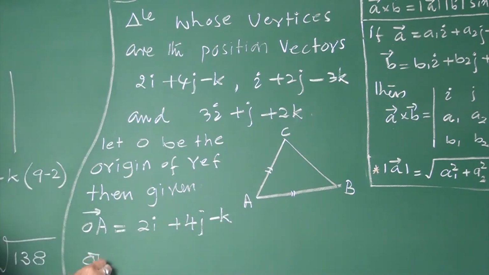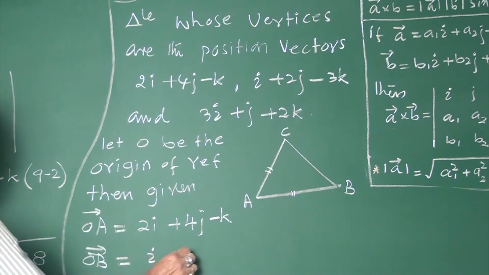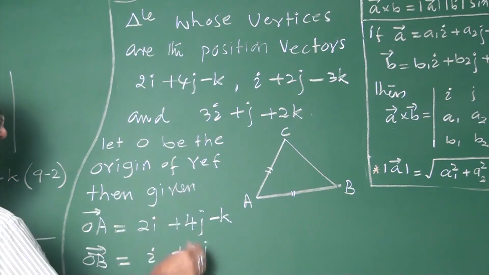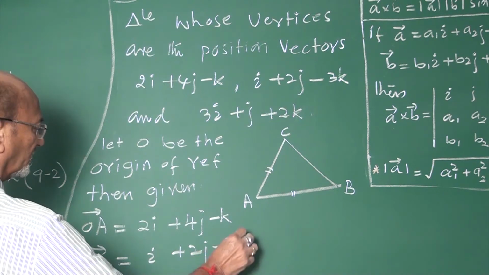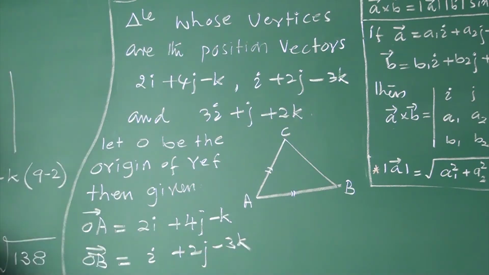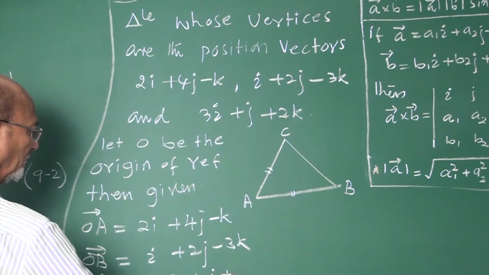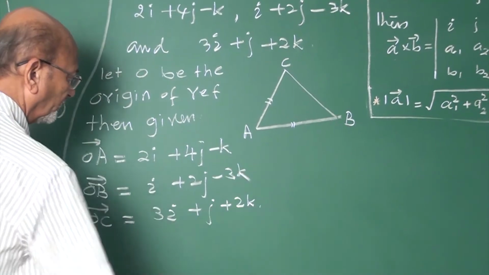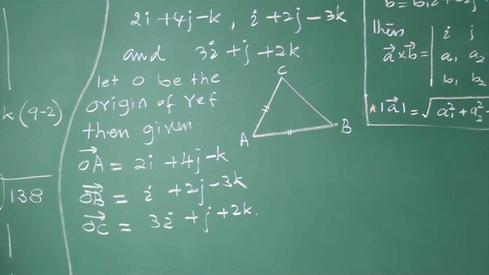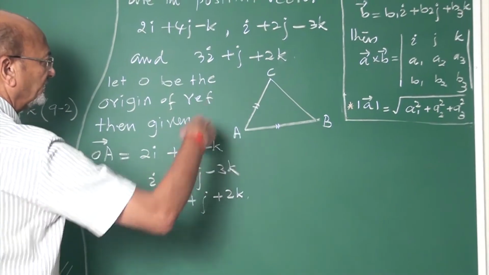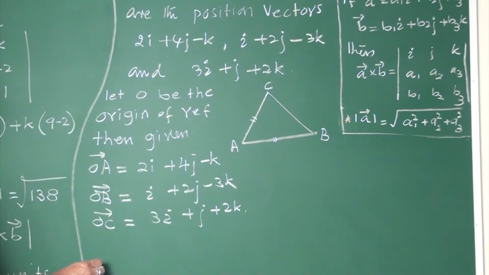Second vector OB is given as i plus 2j minus 3k, and OC is given as 3i plus j plus 2k. Yes, my friends, you wanted the sides AB and AC, only these two adjacent sides.